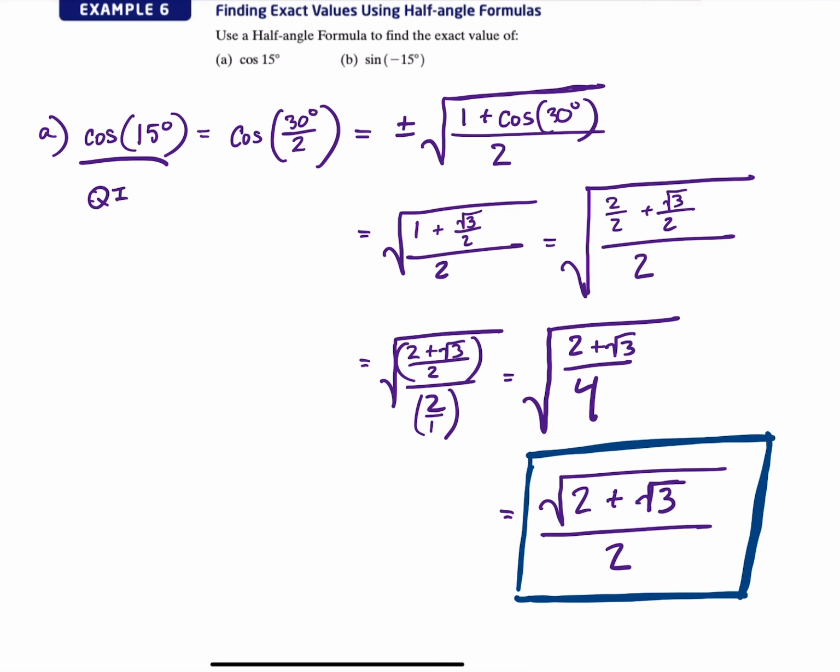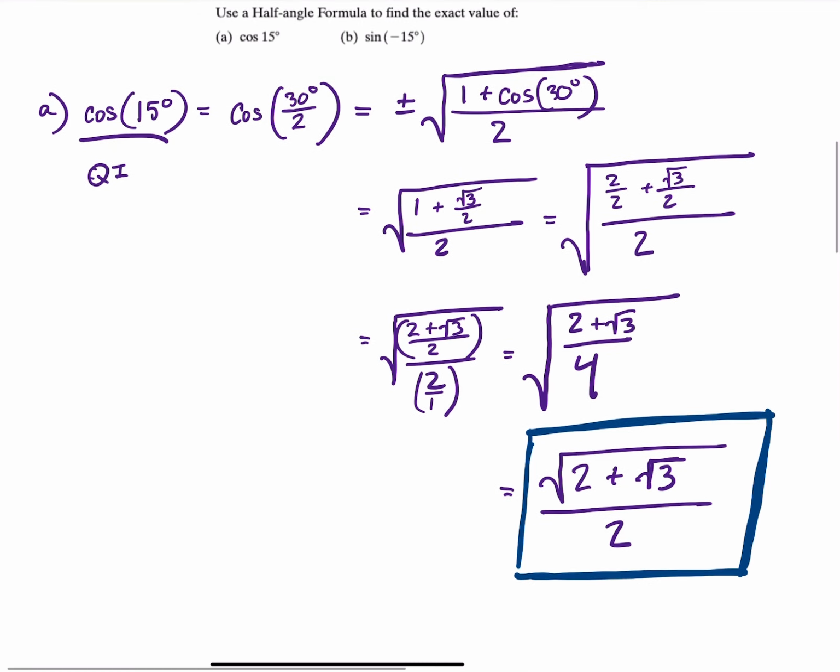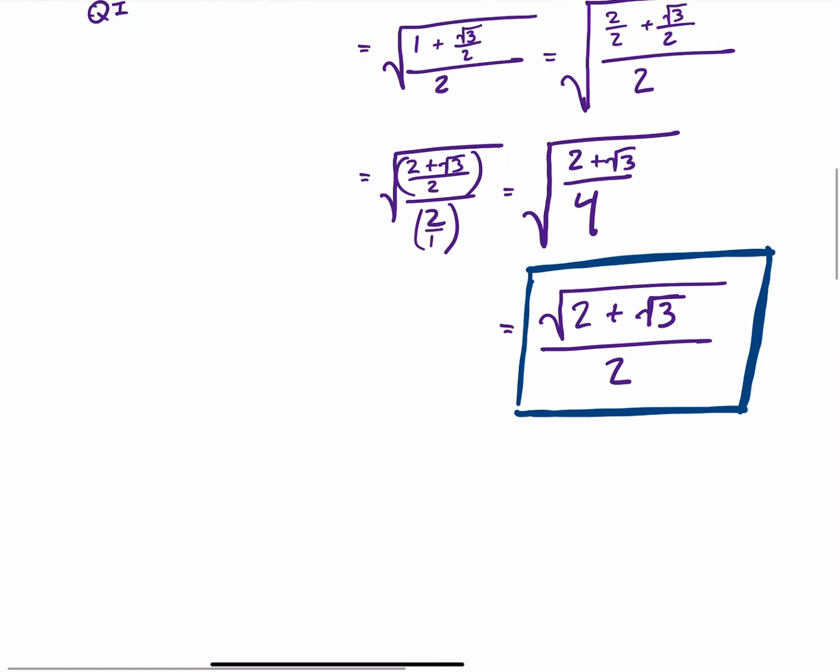All right, let's look at part B. We have the sine of negative 15 degrees. So we can express this as the sine of negative 30 degrees over 2. We can deal with the sine of negative 30 easy enough.